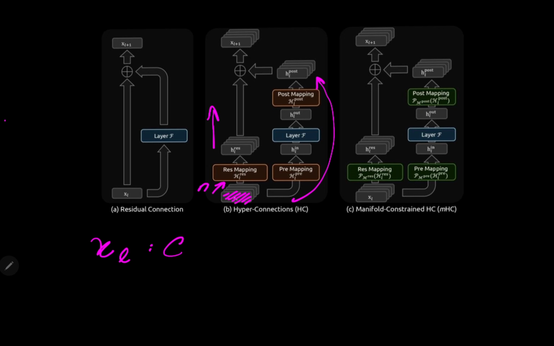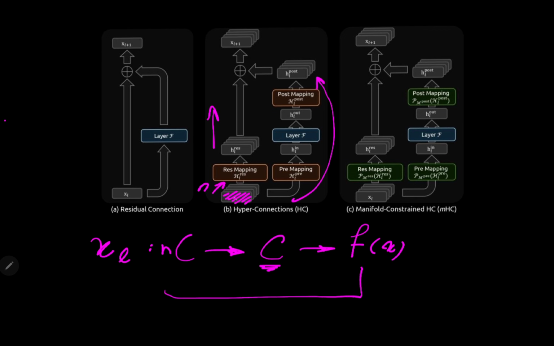The HC transfers this to one single matrix with the dimensionality of C, then passes it through the function F, and then returns it through the, okay, post, I don't know why it's called the post-mapping connection.